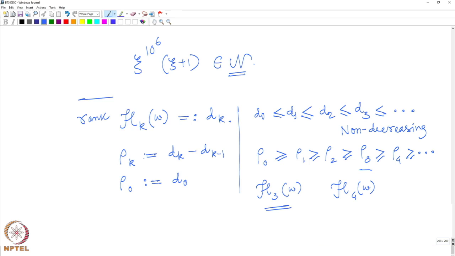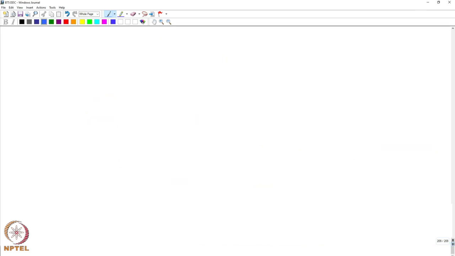Now, when I go from h3 to h4, h4 is in fact h3, and then shifted versions of the rows of h3.